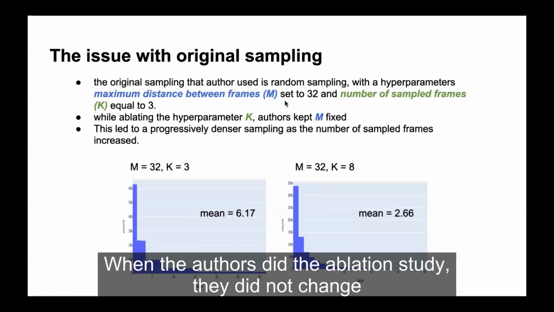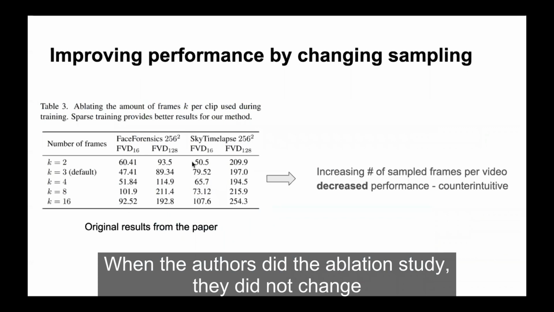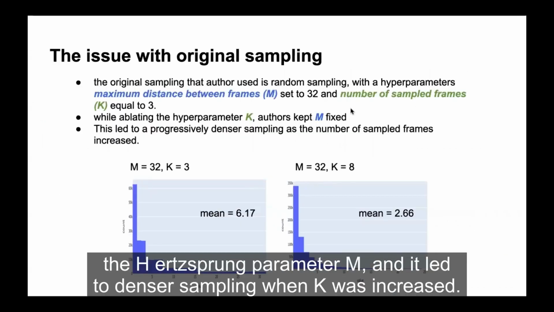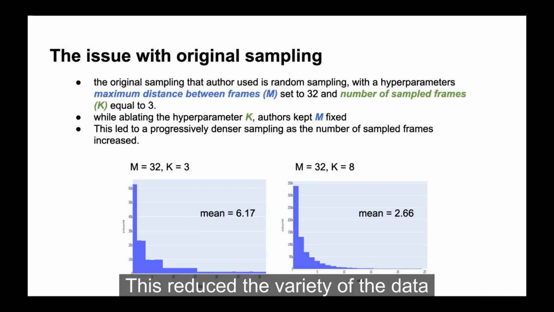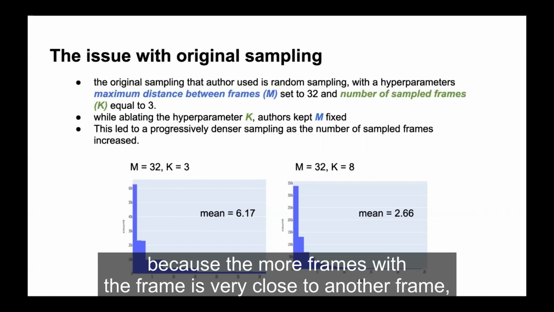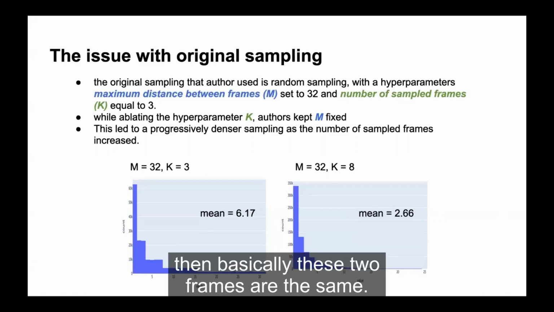And when the authors did the ablation study, they did not change the hyperparameter M, and it led to denser sampling when K was increased. So this reduced the variety of the data available to the discriminator due to the similarity of neighboring frames, because if a frame is very close to another frame, then basically these 2 frames are the same.